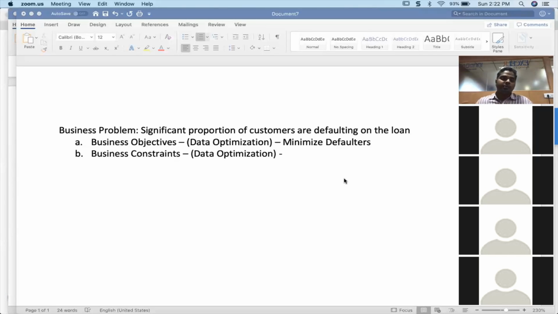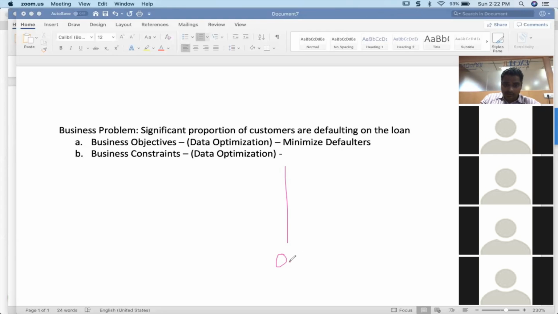If there is greater than 50% chance that someone is going to default on the loan, what would you do? You will reject the loan. If there is less than 50% chance that someone will default on the loan, then you will approve the loan. That's a midpoint. It depends on you completely, absolutely.